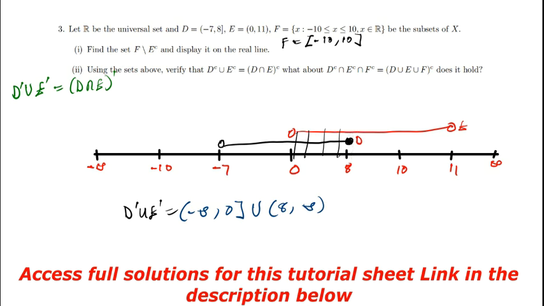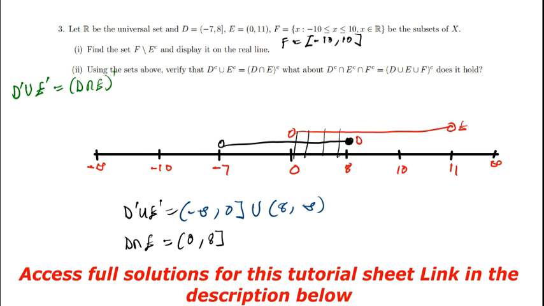This simply means that D intersection E is going to be equal to, you can see that it's open at the starting point of 0. So we're going to say this will be 0 all the way to 8, where D ends. And 8 is included in D as well as 8 is also in E, so it will be closed like that. So this is going to be our D intersection E. That part which is shaded there.